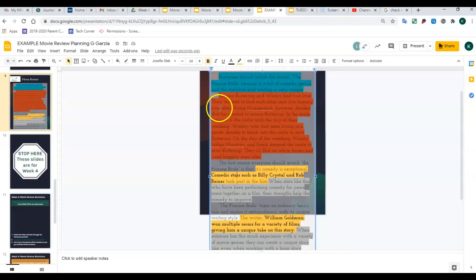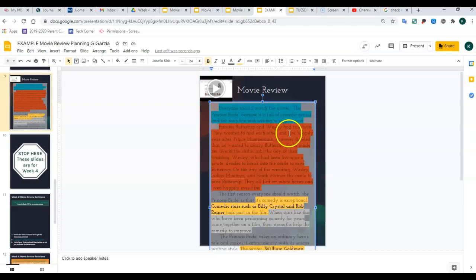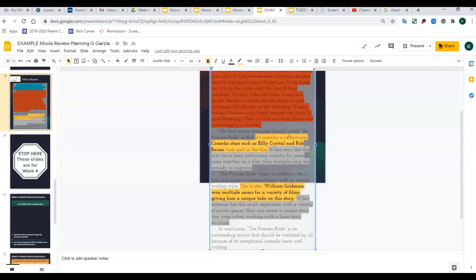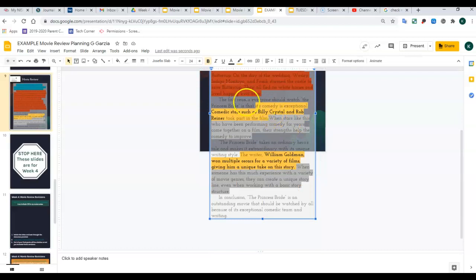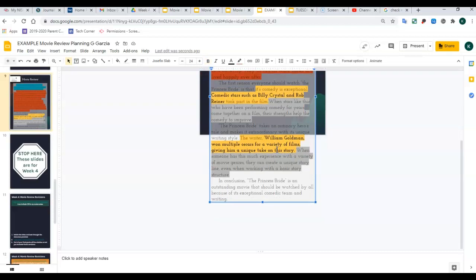They want to find each other, even after. So he may have won the castle. No, I don't see any pathos there. Let's see, emotion. So I'm not finding much emotion in my example, so I'm going to have to figure out how to add it in here now. The Princess Bride takes an ordinary hero's tale.